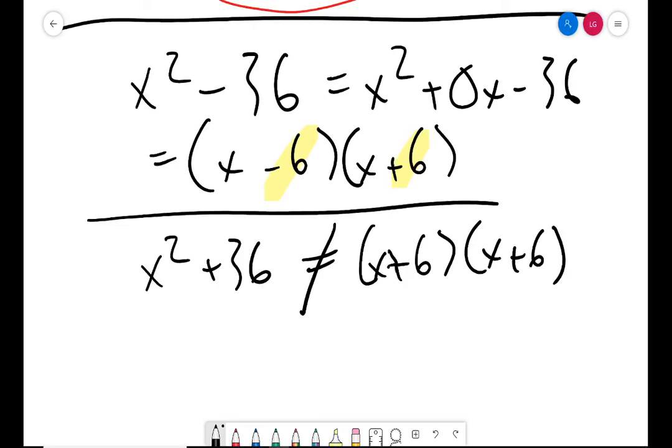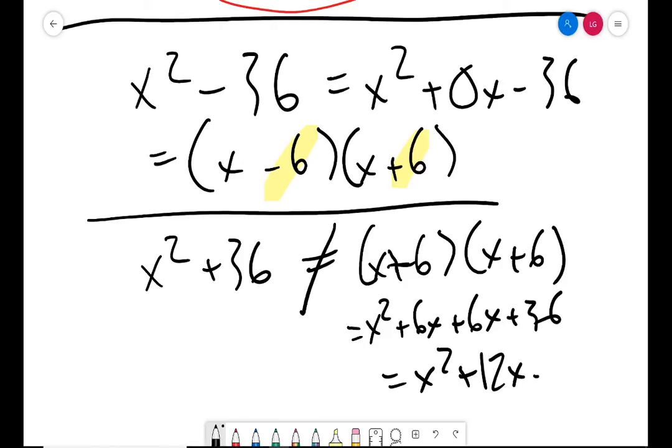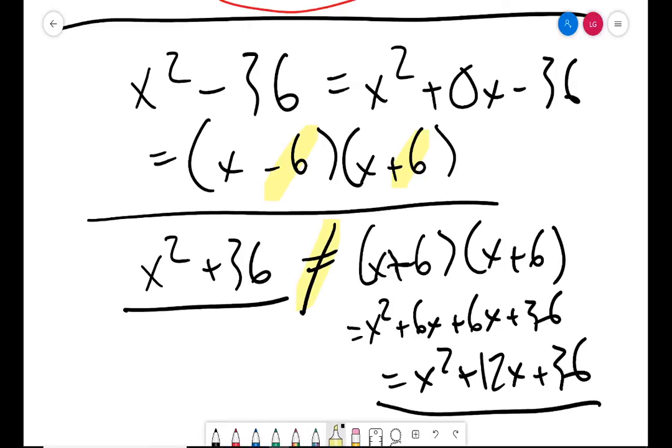I'll just do the same thing, but with both of them being pluses. Why? Well, do the distribution here. It's x squared plus 6x plus 6x plus 36. That's x squared plus 12x plus 36. That is not equal to this, right? So that is an incorrect factoring.